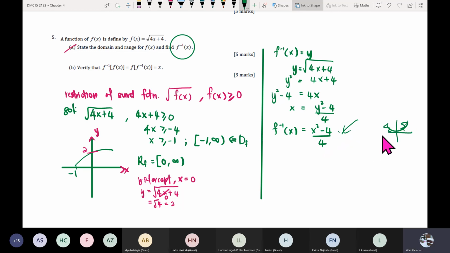Okay, find the F inverse. Tapi soalan minta find the F inverse sahaja, betul? Ada tak dia minta domain and range for F inverse? Tak ada. Dia hanya minta find F inverse. So you stop here lah. Dah habis. Itu adalah soalan A.